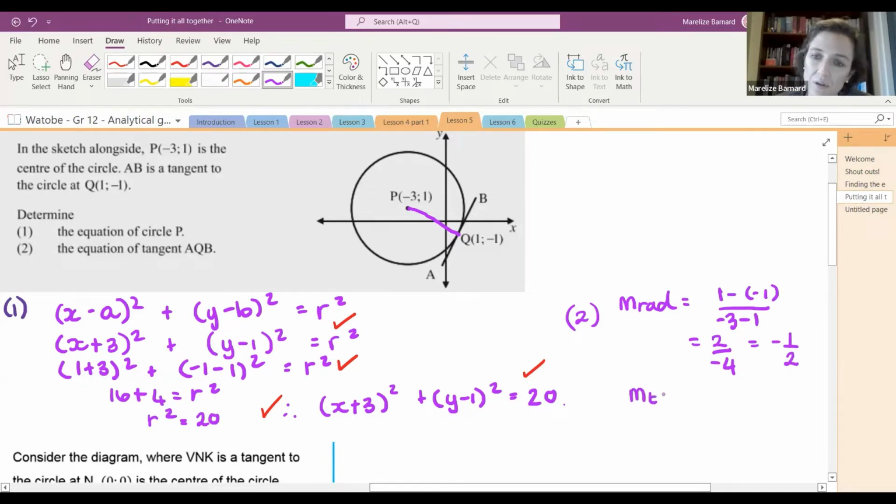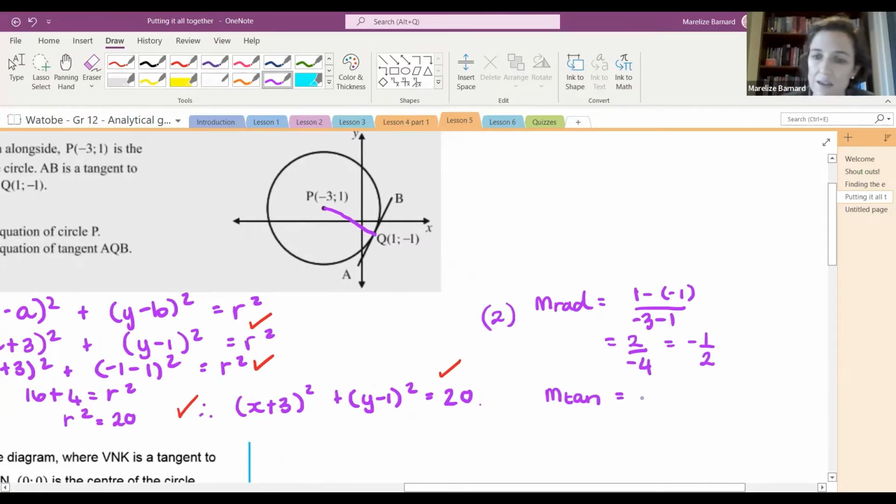So for the gradient of the tangent, we're going to flip that and change the sign. And we know why we do that, because if the lines are perpendicular, the gradients multiplied together must give you minus 1. So we flip and change. Okay, so far we have y is 2x plus c.